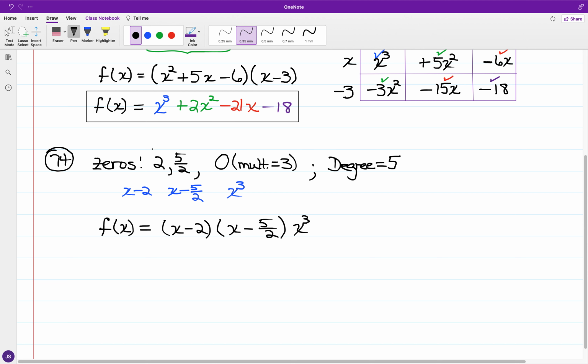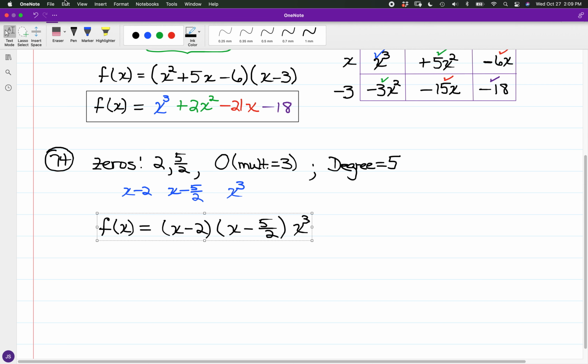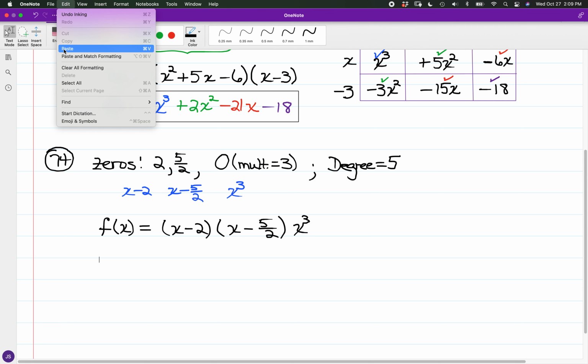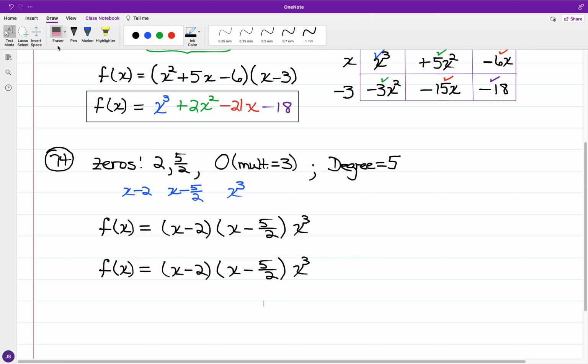And what you can do now, you can leave this particular factored form, but you can also take care of the fraction. I can just multiply the second factor by 2.